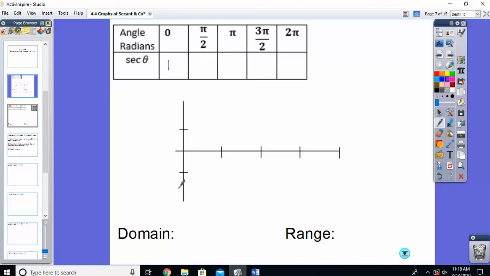At pi over 2, cosine is 0, so secant would be undefined. At pi, cosine is -1, so secant is -1. At 3 pi over 2, cosine is 0, so secant is undefined. And at 2 pi, you would be back to 1.